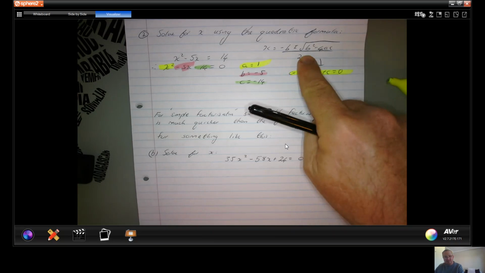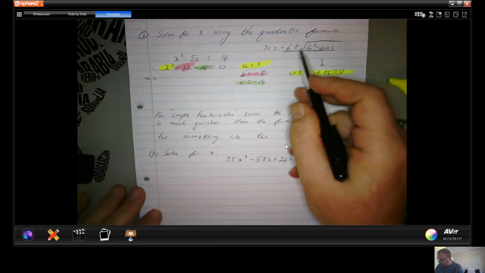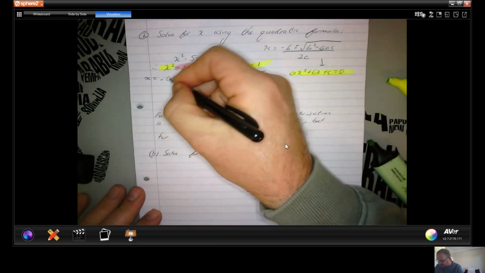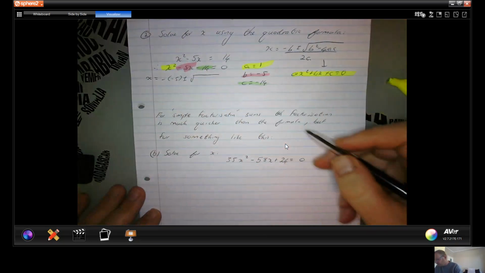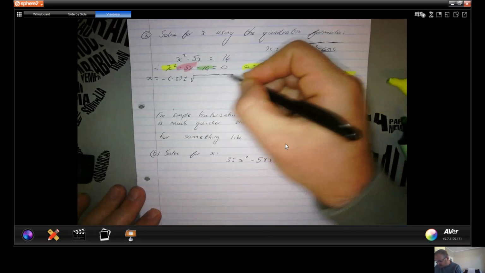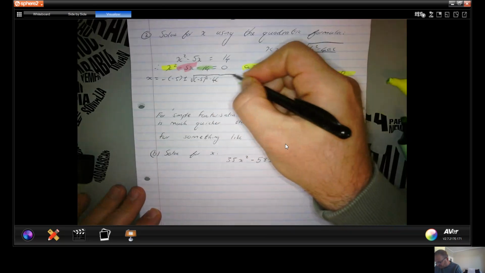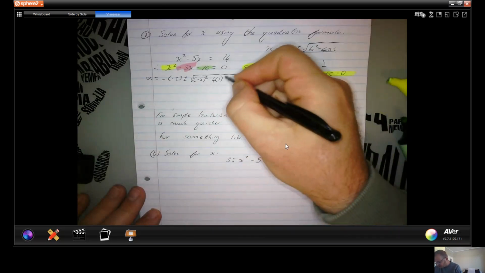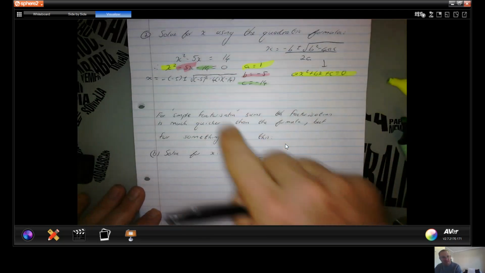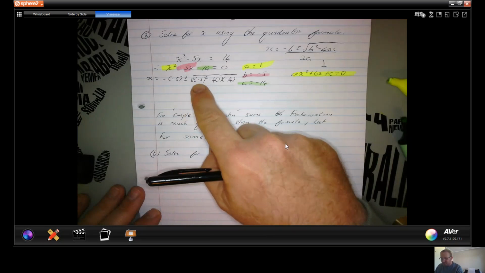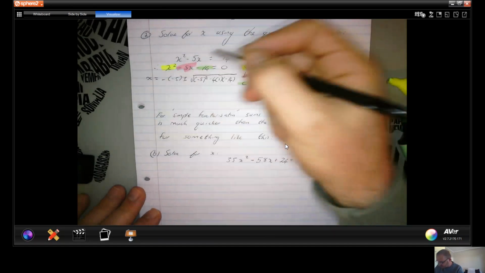In which case, we plug it into here, and we're going to get x is equal to -b. So it's going to be -(-5) plus minus the square root of b squared, which is (-5) squared, minus 4 times a, which is 1, times c, which is -14.